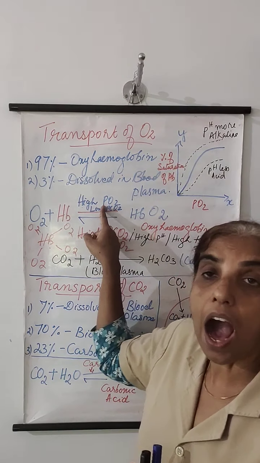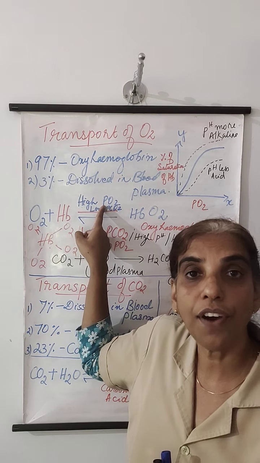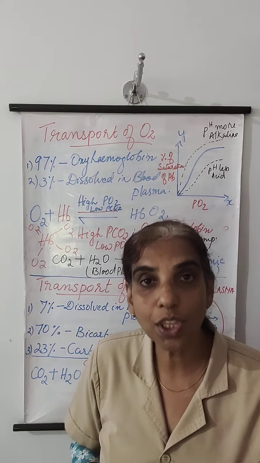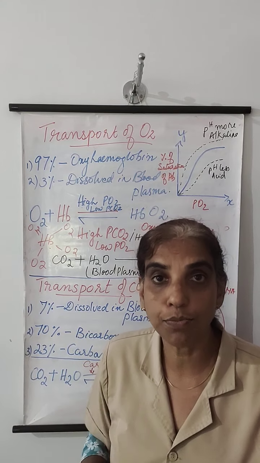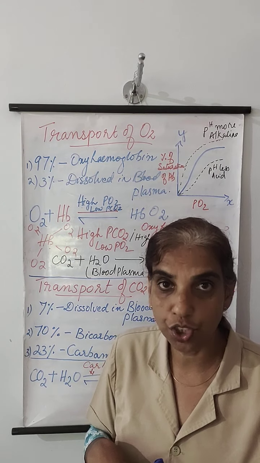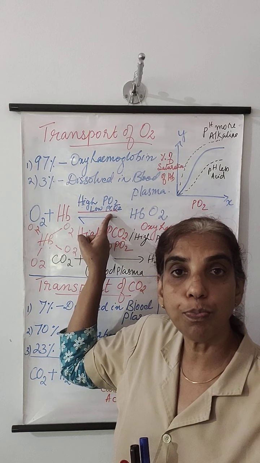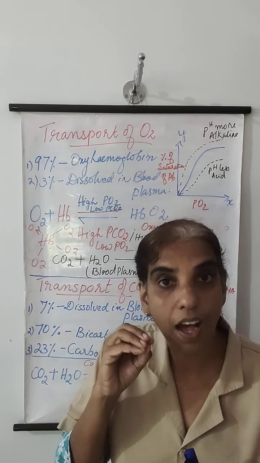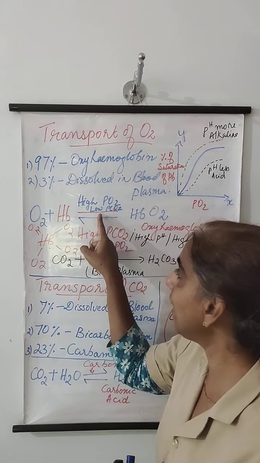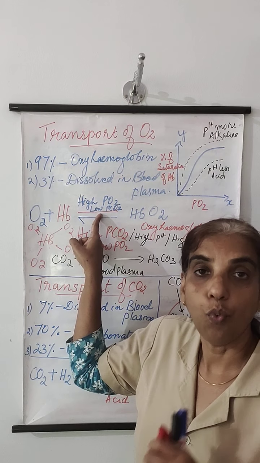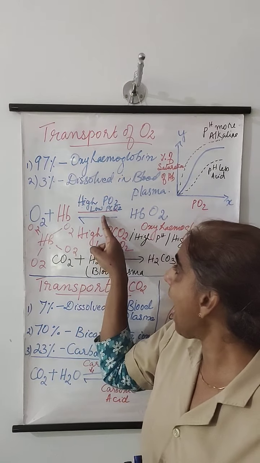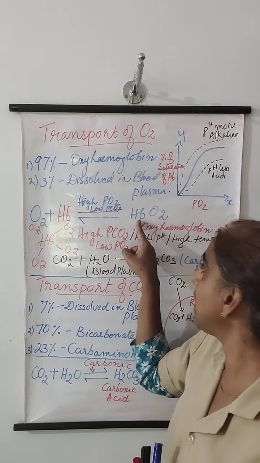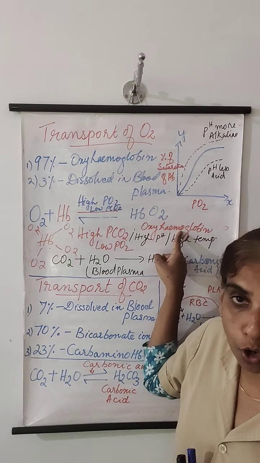So here high PO2 is found in alveoli because the alveolar space is filled with oxygen containing air from the atmosphere by inspiration, and low PCO2 is found in the alveoli. And when this is the condition, high PO2 and low PCO2, there is a complex formation, that is oxyhemoglobin.